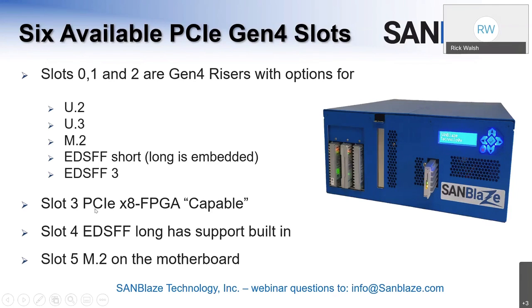Slot 3 is also a PCI Express slot by 8, FPGA capable, meaning a lot of folks developing firmware on early drives, next generation technology, we do have the capability of plugging into that PCI slot through an extender cable for early bring-up and using our tools in that environment as well. Slot 4, as Vince showed you, is specifically for the EDSFF long, and it's built into the chassis itself. And then we do have an M.2 interface on the motherboard system itself.